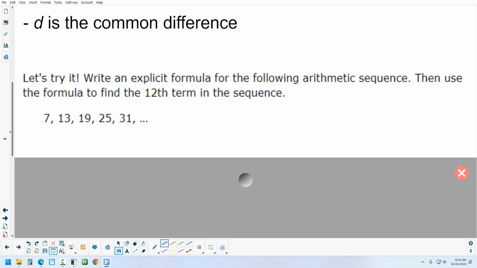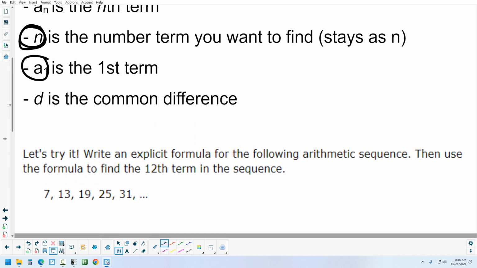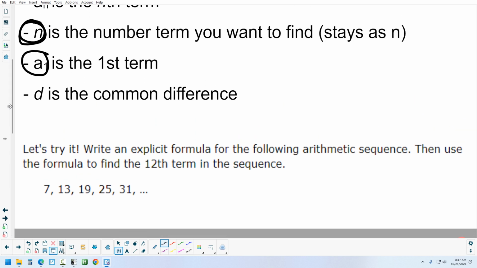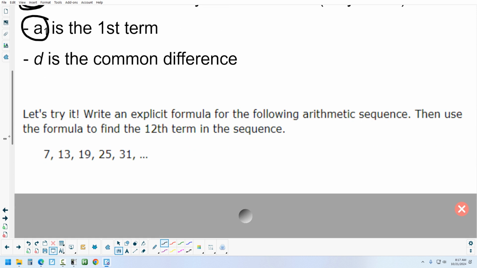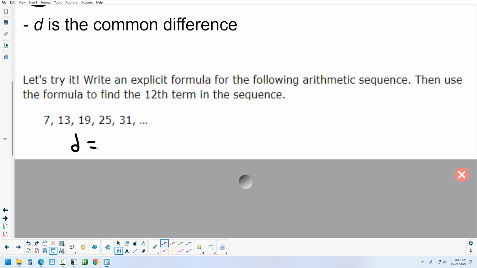To write a formula, what's one thing that I definitely need to figure out in this sequence? The difference. Because I'm going to use it right here. Yep, I need the common difference. So let's start with that. Can somebody give me a way that I can find the common difference? And there's a few different ways you can do it, but I want to use these numbers.